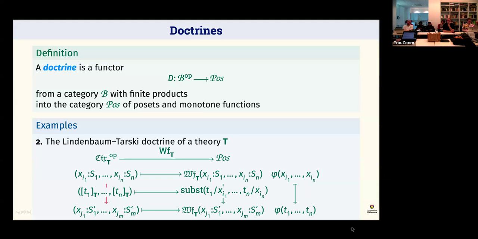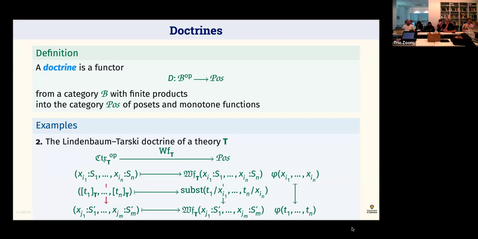Given those n terms, I can operate with simultaneous substitution of the variables xi1, xin with the terms t1, tn. And since the terms t1, tn use these variables, what I obtain here is a well-formed formula in these variables. Okay?